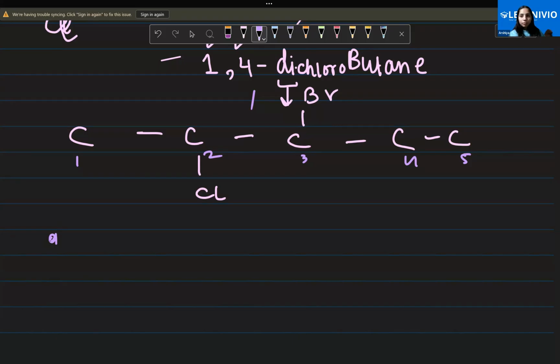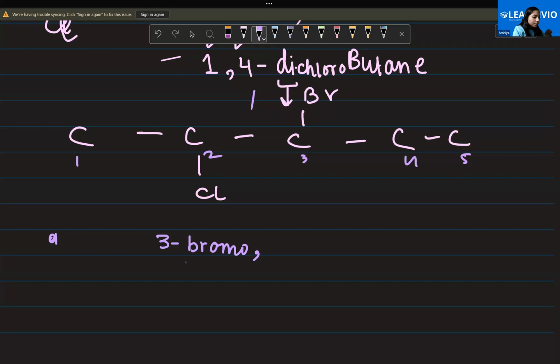The position will not change. The longest carbon chain rule is the same, you just have to write it differently. I have bromine at 3, so I will write 3-bromo, 2-chloro.